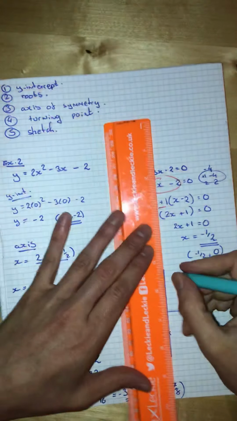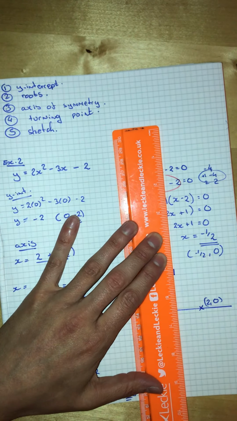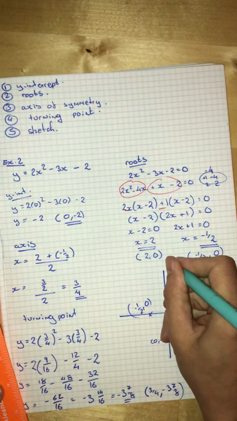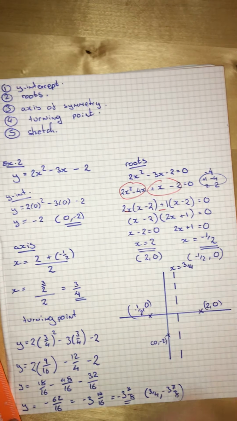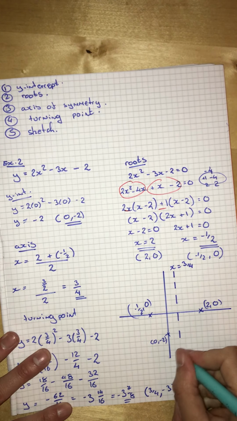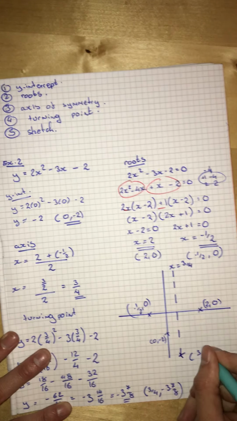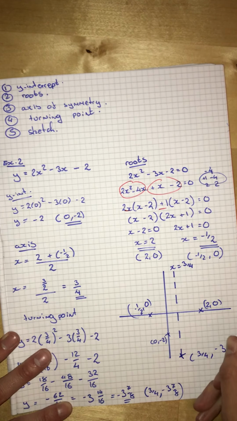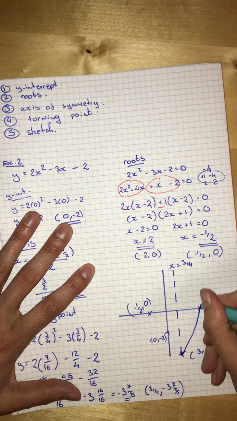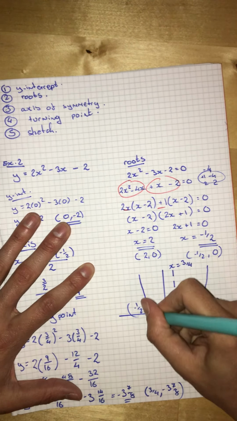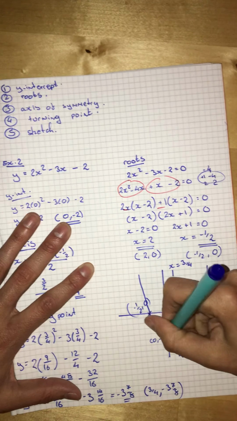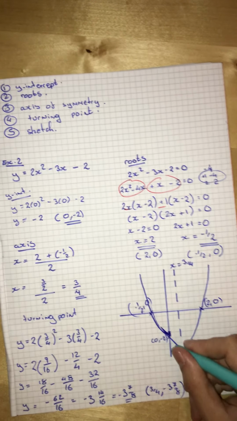Axis of symmetry. And then (3/4, negative 3 and 7 eighths). So let's say it's about here. And then we can sketch the quadratic. Like that.